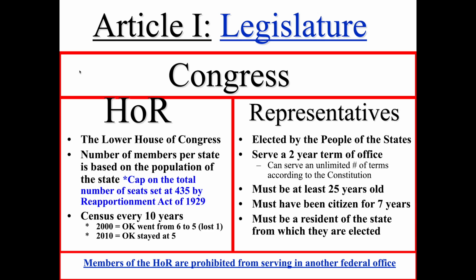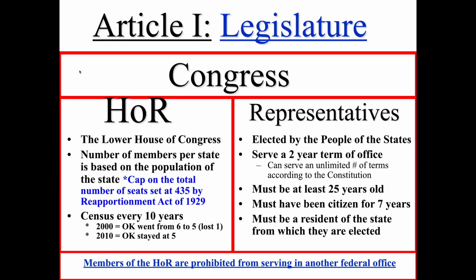And so after every census, and even into the late 80s and 90s, we had as many as 7, and we are currently down to 5. And that's not necessarily just because we lost population. It's relative to the rest of the other 49 states. So after the 2010 census, we stayed at 5, which is a good thing. We want as many as we can possibly get.